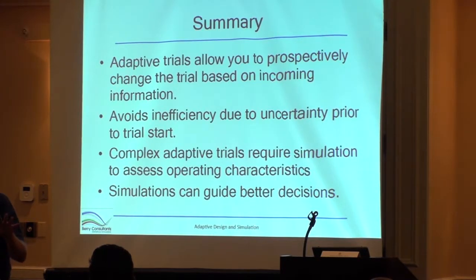You will run into the situation that some choices on when to do the interim analyses are good for some treatment effects and bad for others. What you want to do is find, and there's usually a set of design choices where you have reasonably good behavior over that entire range.